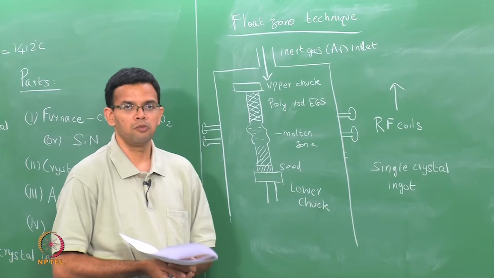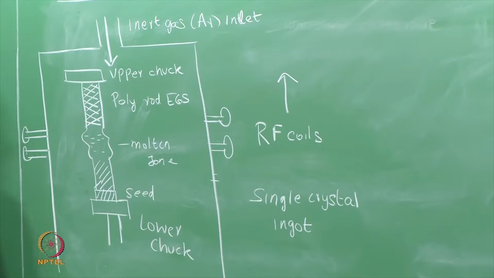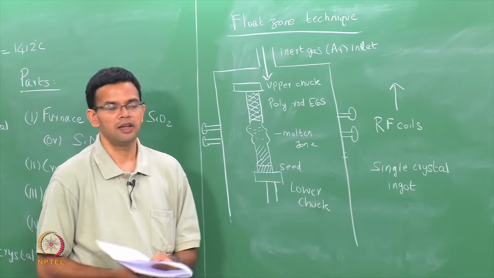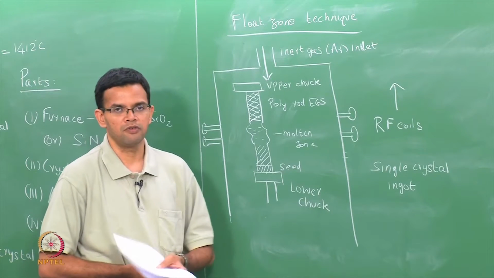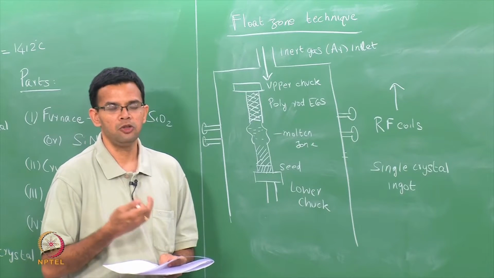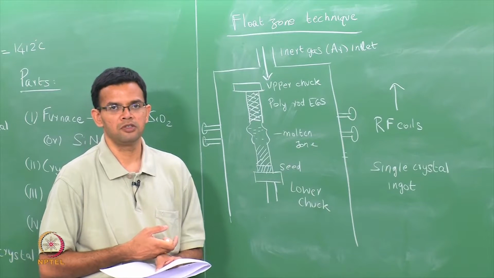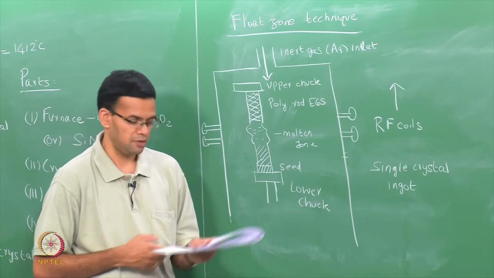So, both the Czochralski growth process and the float zone process produce a single crystal ingot. The dimensions of the ingot depend upon the dimensions of the furnace and the process. From this ingot we need to get silicon wafers that are thin. Right, we need wafers whose thickness is less than 1 millimeter.